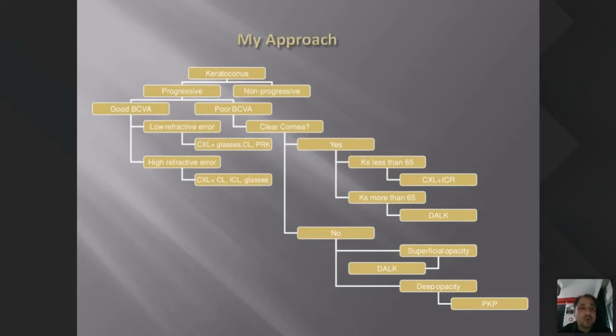Sometimes you will not be able to get an answer in the first visit because you don't have any previous history of the patient, you don't have previous images for the patient, and you might need to follow up the patient to define this question. And sometimes you have a clue, and you will be able to take a decision from the very first visit to your clinic.